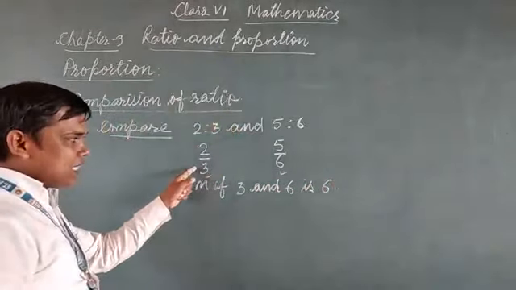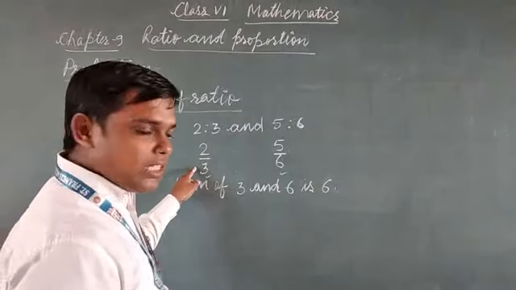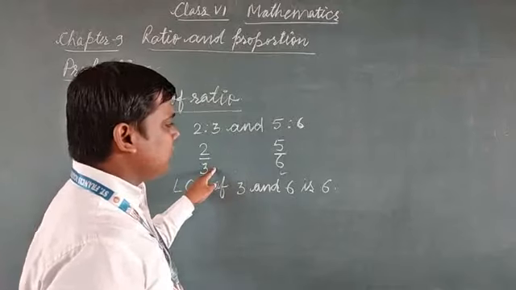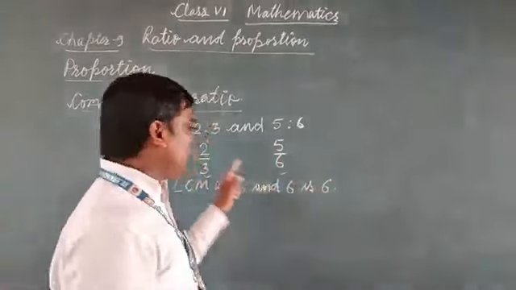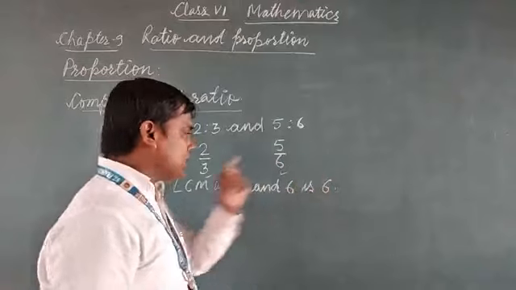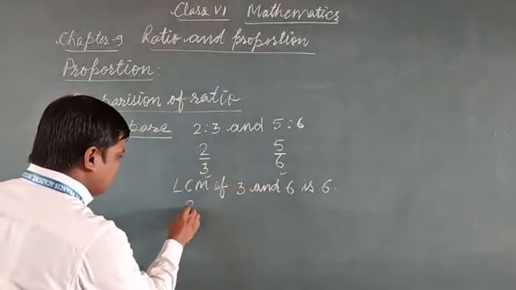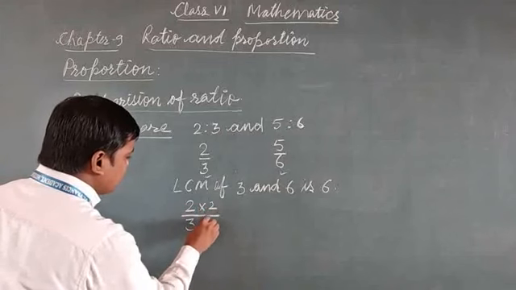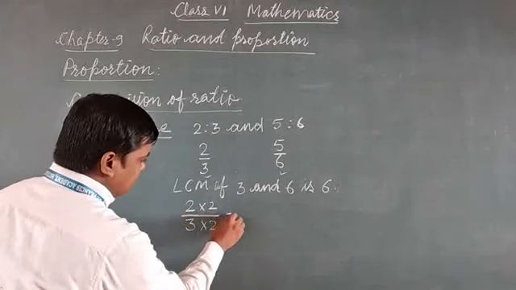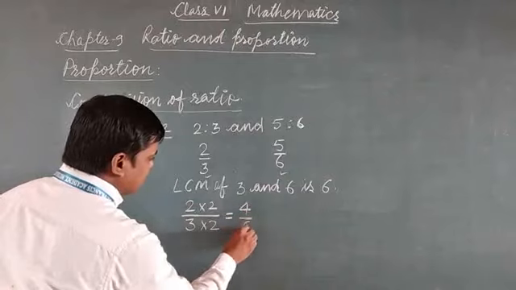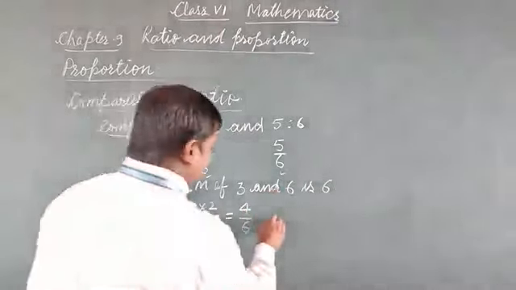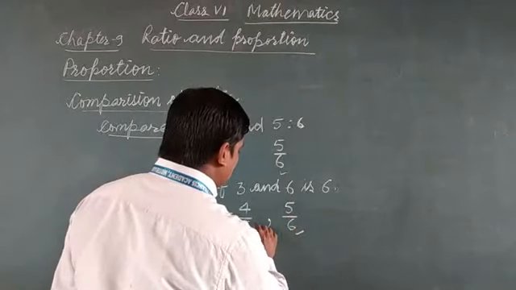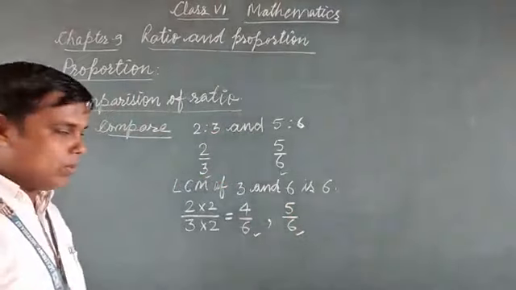Now to make the denominator 6, we need in this case to multiply the denominator by 2, because 3 twos are 6. So we will write 2 by 3 into 2 by 2. So it will come 4 by 6. And here we have 5 by 6 already, so here the denominators are equal.